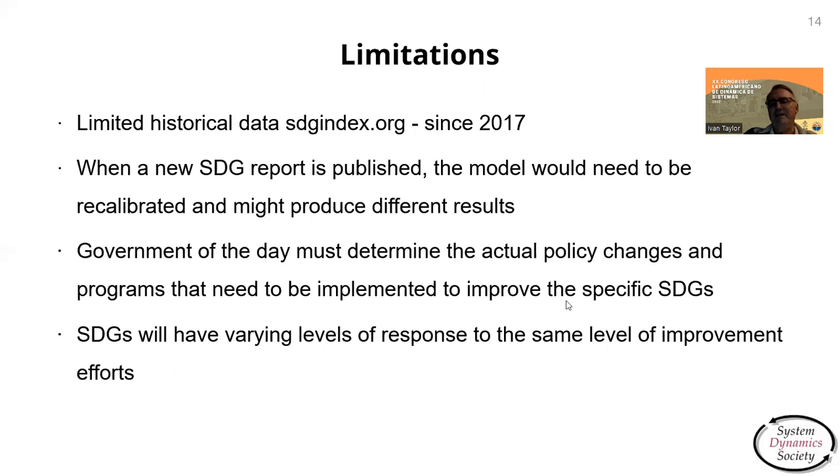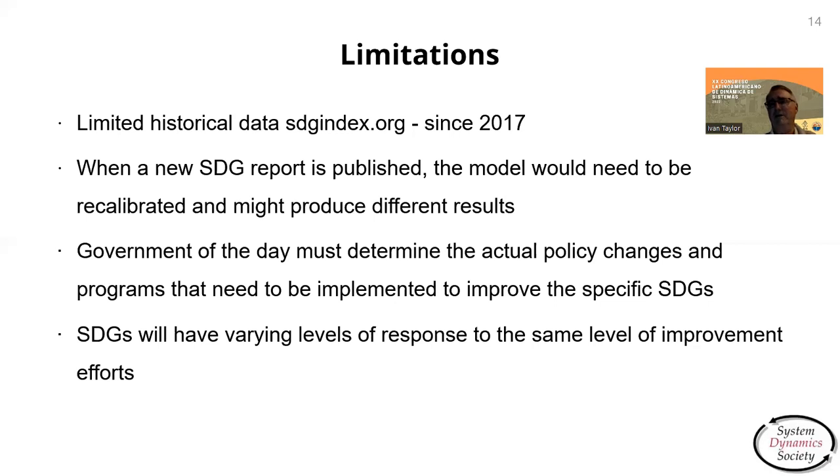Some limitations of this work that we recognize are that we have very limited historical data, only values since 2017. And we realize that when we get a new SDG report annually, we would need to recalibrate the model, and that might produce different results. Also, we notice that the government of the day must determine the actual policy changes and programs that need to be implemented to improve the specific SDGs.